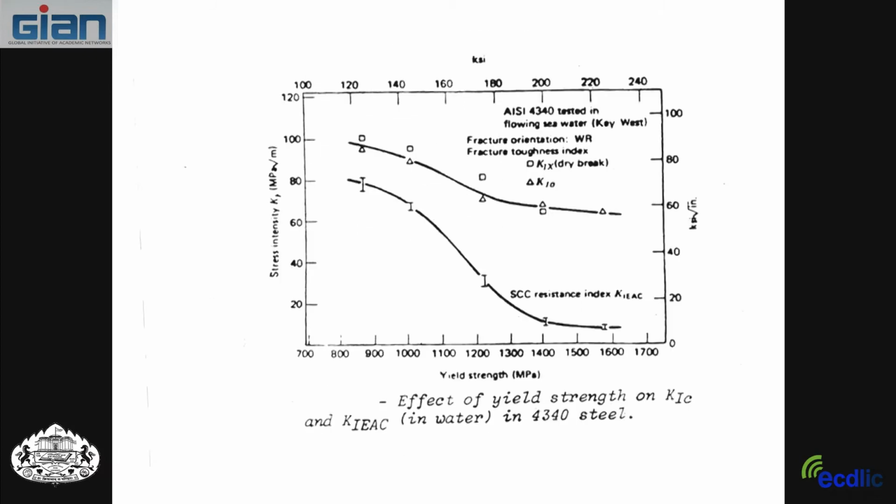This is data generated by the Navy on a steel, and these people went to Key West. I don't know if you ever heard of Key West. It's a kind of resort area in the U.S. at the very bottom of Florida. Florida, you know, is on the East Coast. It's that thing that sticks down, and the Keys stick way down almost into the tropical area, and people go there for vacations.